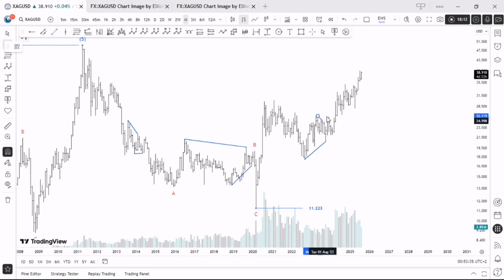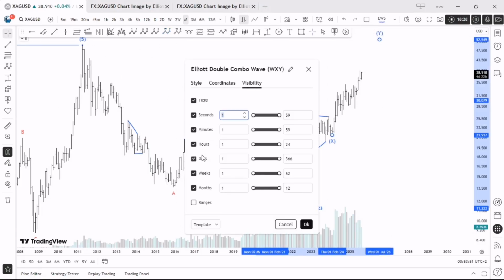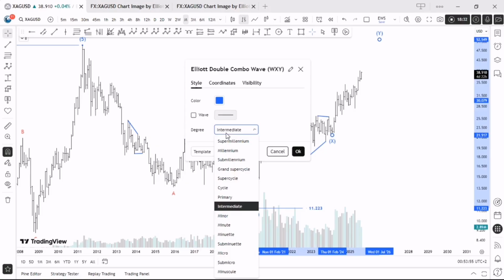And then I believe with a triangle, I've already spoken about the slope analysis for this one. And now, because I've been following silver from this low right here of 11.22, this is by far my outlook. I believe we're either in a flat here, or maybe say a triangle.